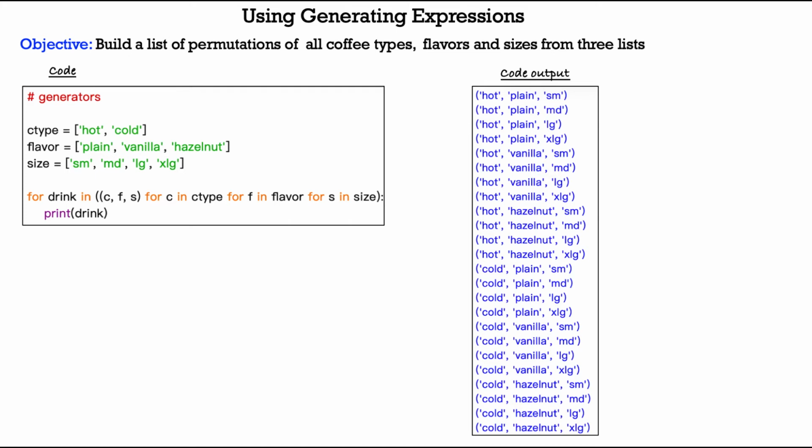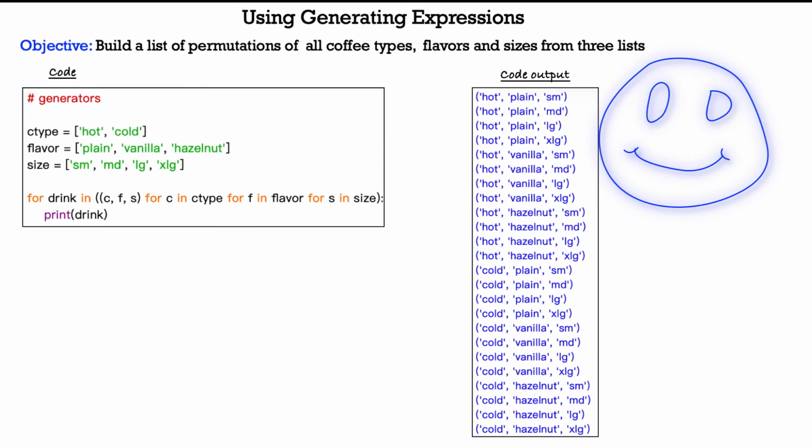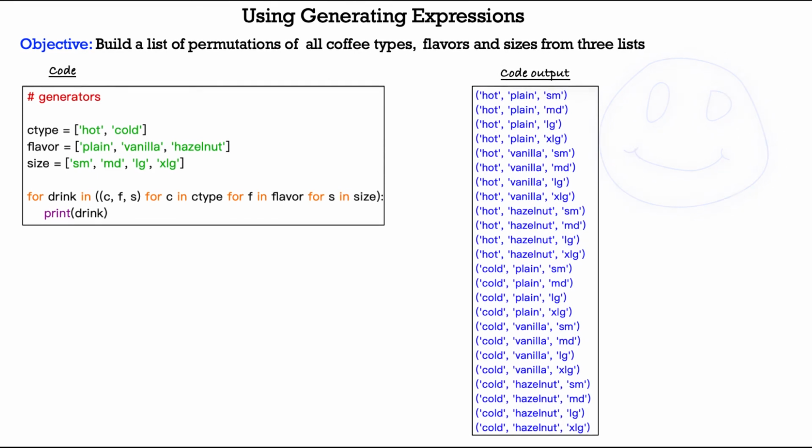For drink in CFS, which will represent our iterator for each of these 3 different for loops that will be in play here against these different lists. For C in C type, which tells us is it hot or cold. For F in flavor, and for S in size, print drink, and bam, we get a bunch of tuples back that tell us these are all the different combinations that you can have.